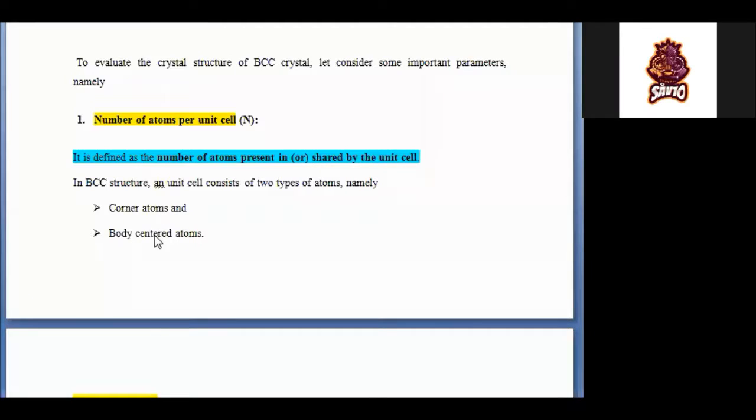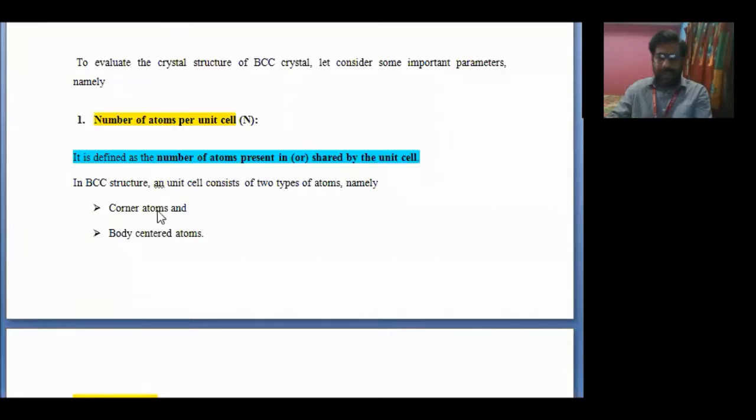These are the two different types of atoms we have to consider to find the number of atoms per unit cell. The number of atoms per unit cell is defined as the number of atoms present in or shared by the unit cell.